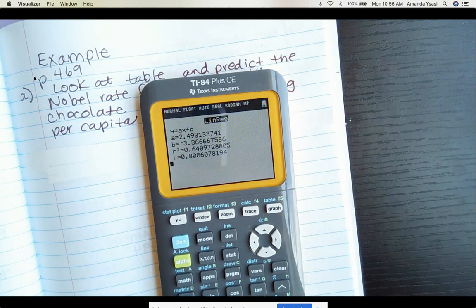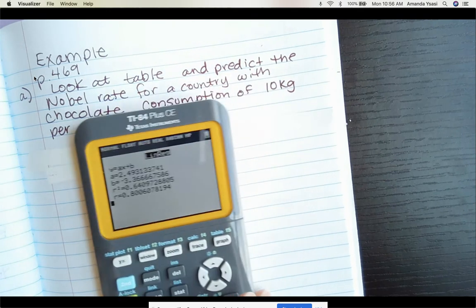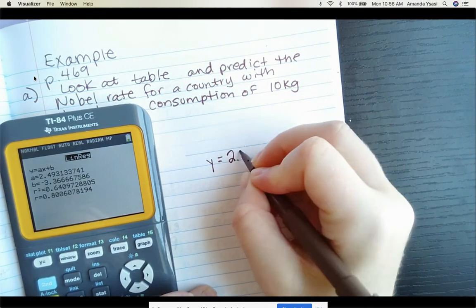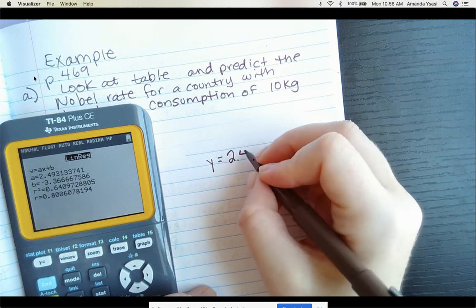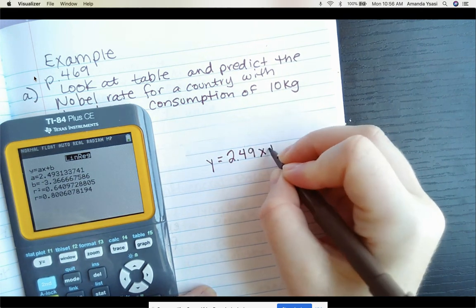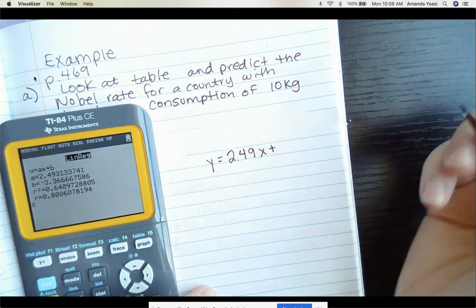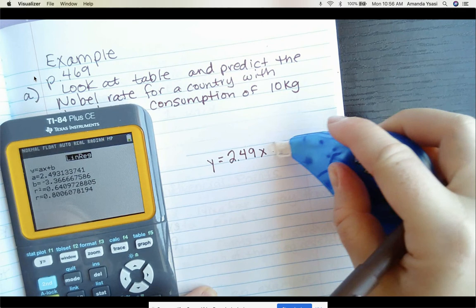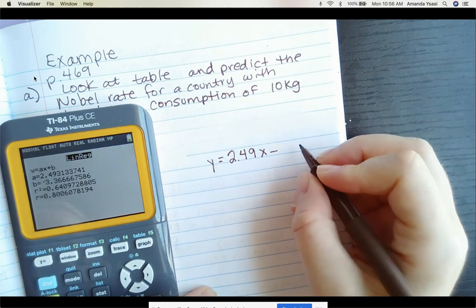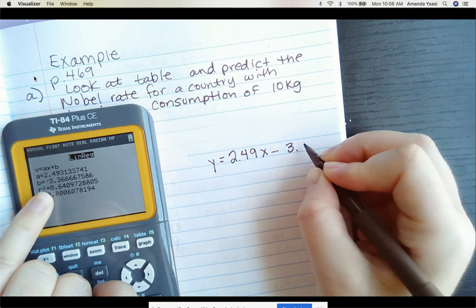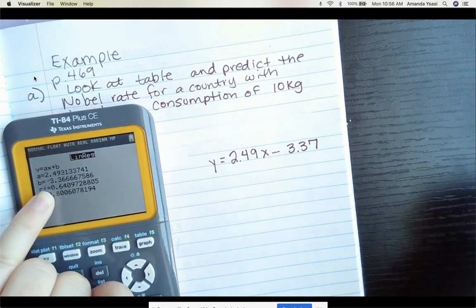Then we write these down, and remember it's rounding to 3 significant digits, so y equals 2.49x minus 3.37 because I'm rounding.